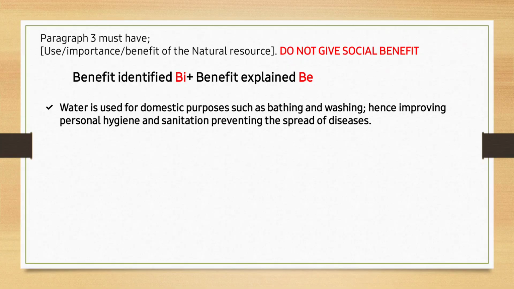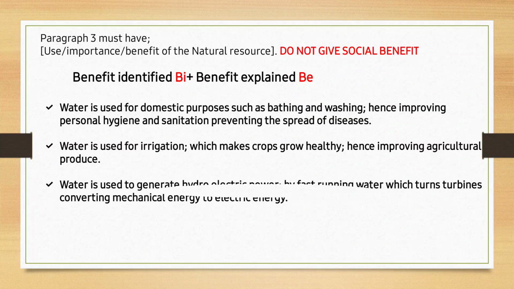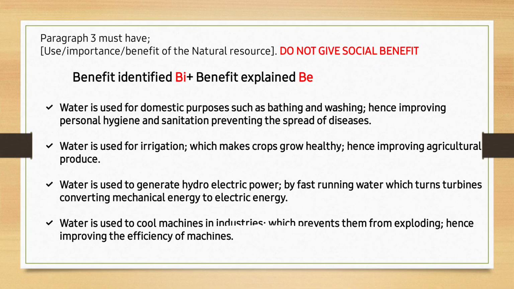That's benefit explained. Water is used for irrigation. That's benefit identified, which makes crops grow healthy, hence improving agricultural produce. Benefit explained. Water is used to generate hydroelectric power. Benefit identified. By fast moving water, which turns turbines, converting mechanical energy to electric energy. That's benefit explained. All right.